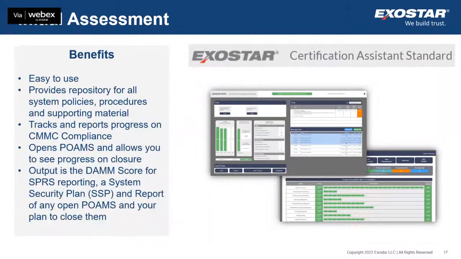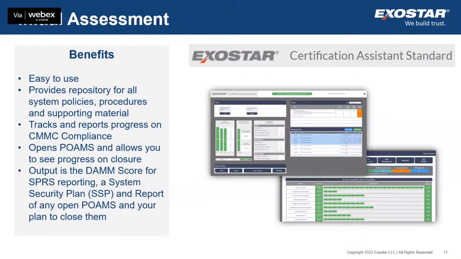As I talked about, this initial assessment is really, once you've determined what level you're at, what the system is that you're going to be qualifying, and the boundary around that system, and you've started to gather where that material might be, then I'd strongly suggest you consider using Exostar's Certification Assistant to help you go through that initial assessment.